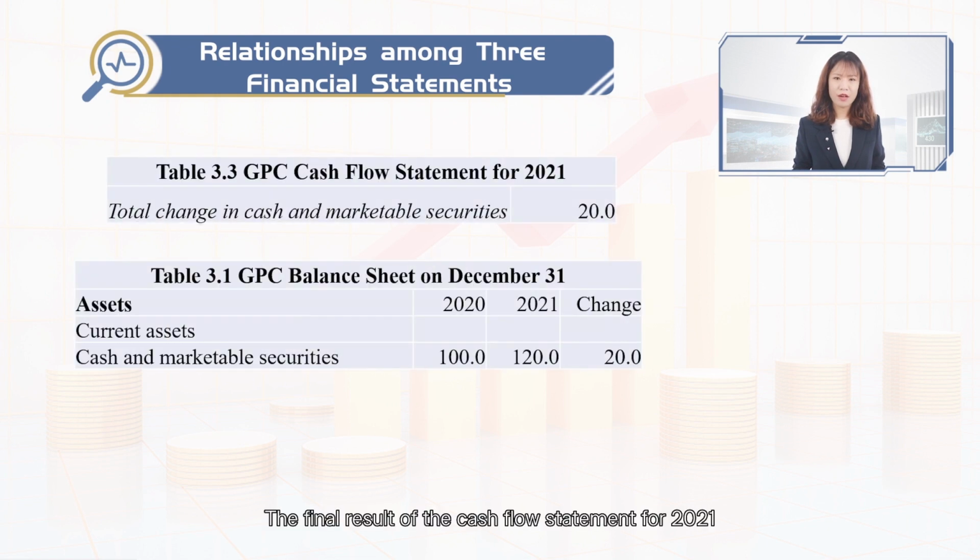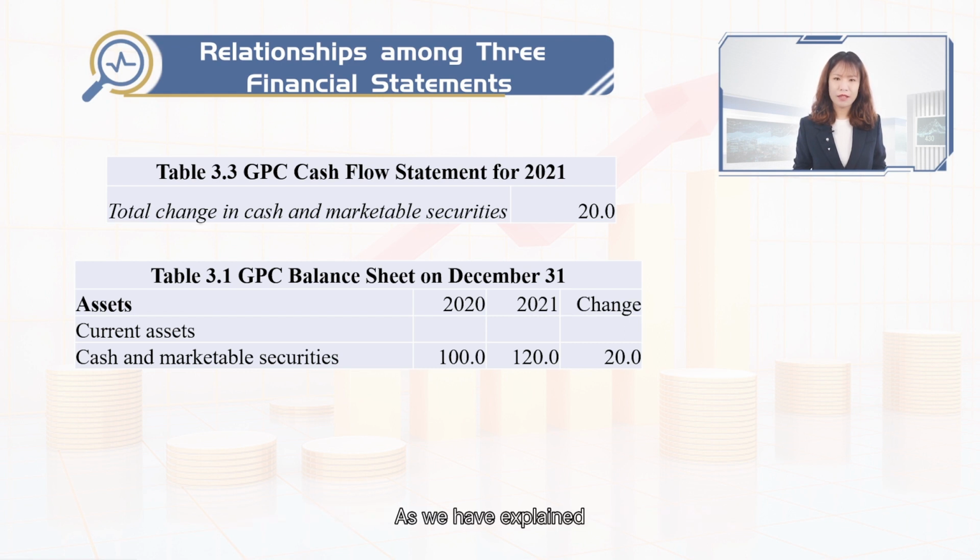The final result of the cash flow statement for 2021, total change in cash and marketable securities, $20 million, is the same as the change in cash and marketable securities from 2020 to 2021. These relationships can help us to check whether the financial statements are constructed correctly.